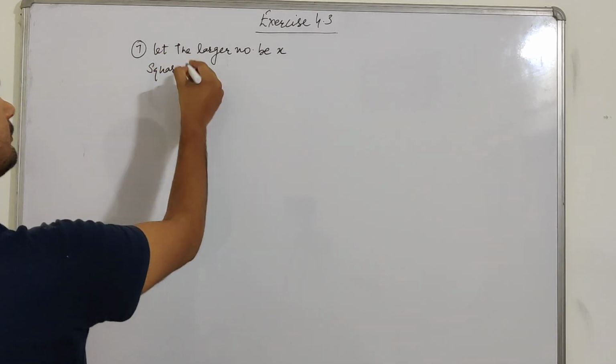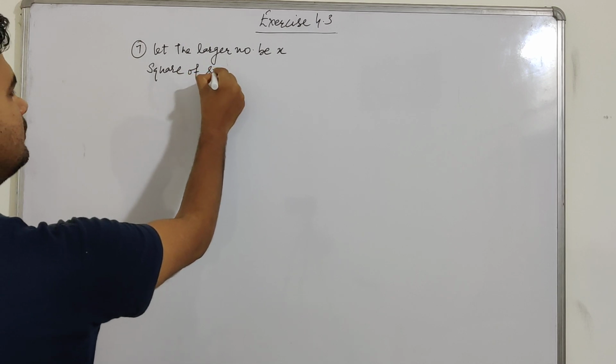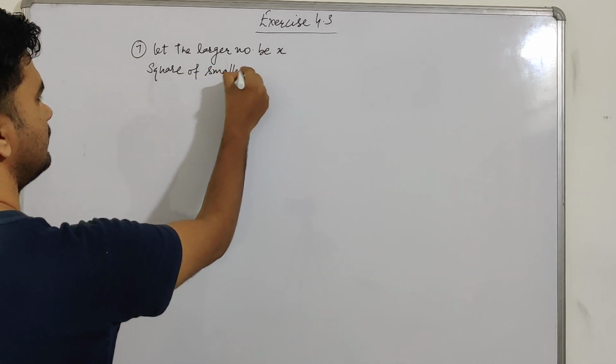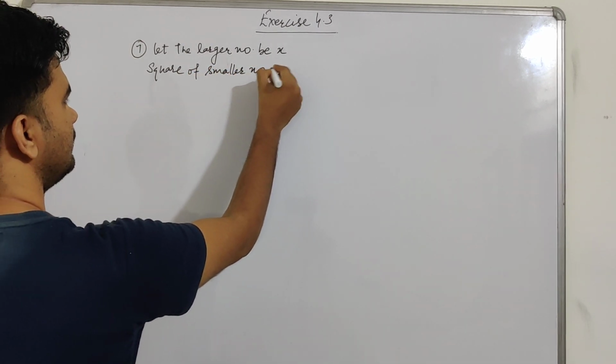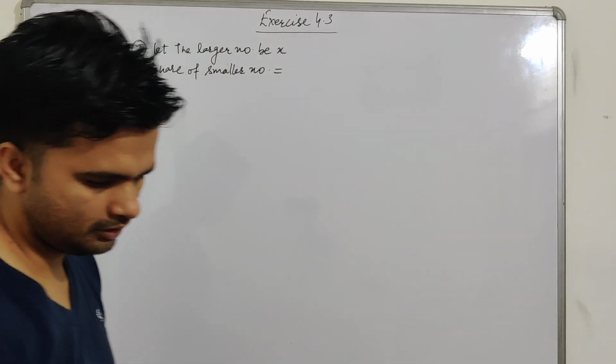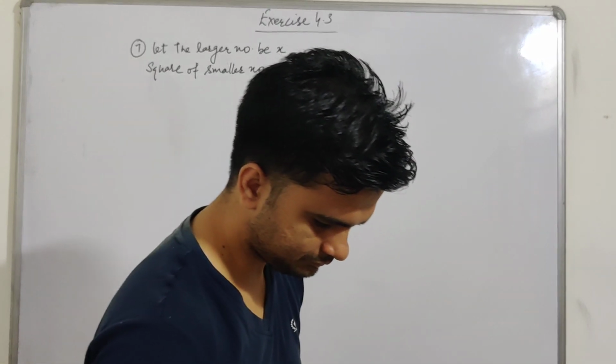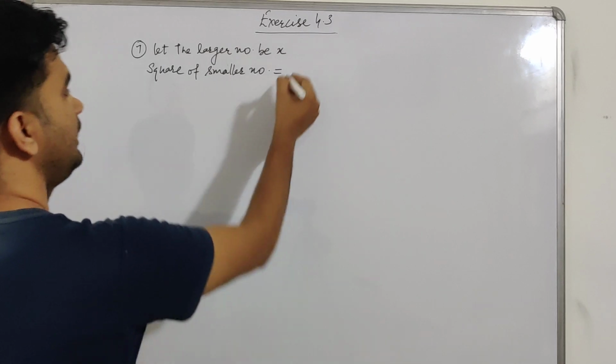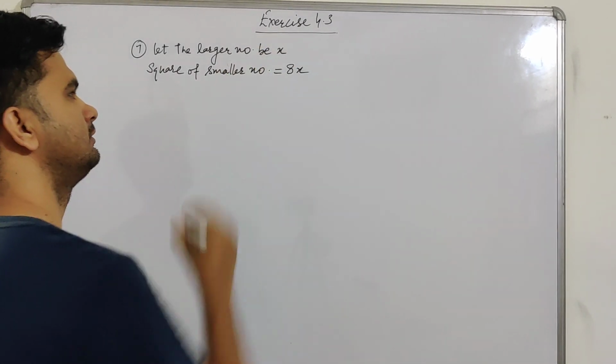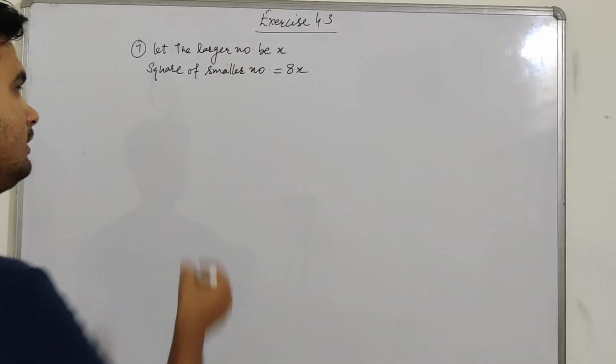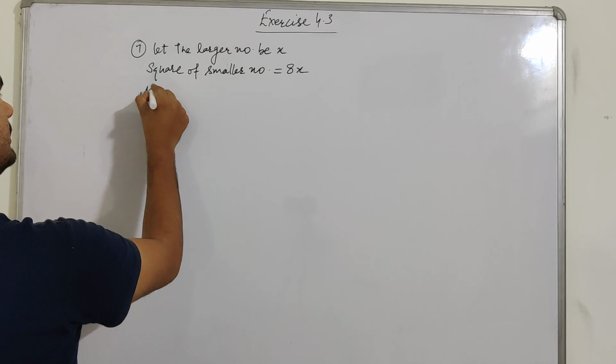Then it is given, the square of the smaller number is 8 times the larger number. Right? Now move according to the question.